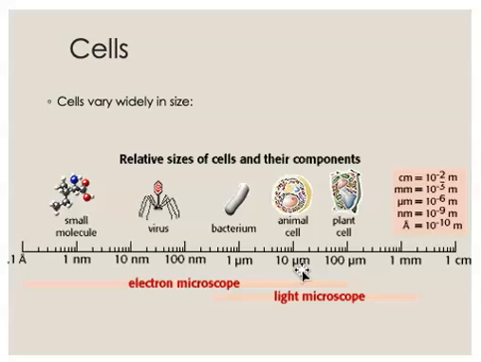Here is an animal cell right here, and you'll notice that the animal cell measures about 10 micrometers. The scale on this diagram runs from 1 millimeter off to the right, all the way down into the nanometer range. Remember that 1 millimeter has 1,000 micrometers in it, and 1 micrometer has 1,000 nanometers in it.